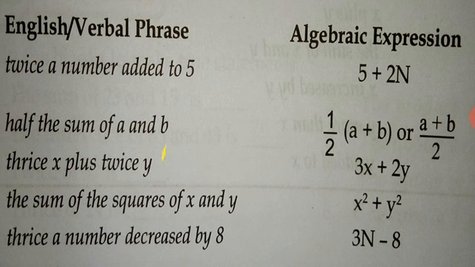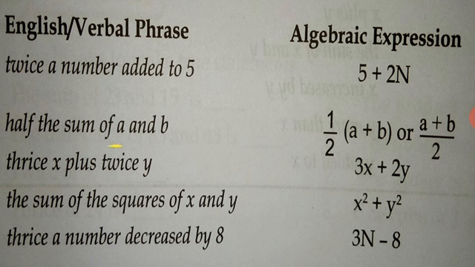From English phrase to algebraic expression: twice a number added to 5. You can write that as 2 times n plus 5, or 5 plus 2n.